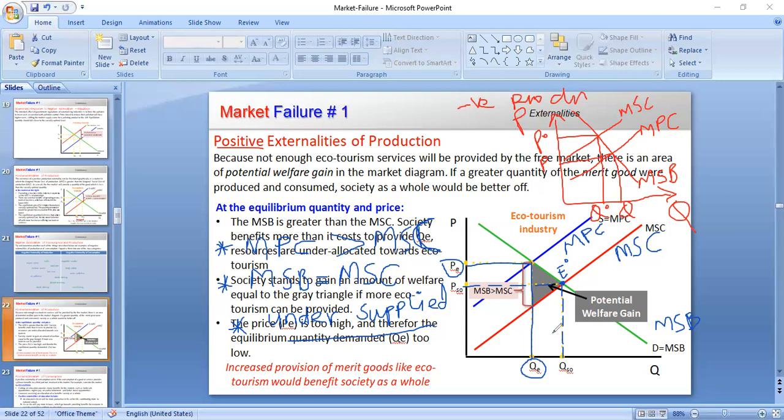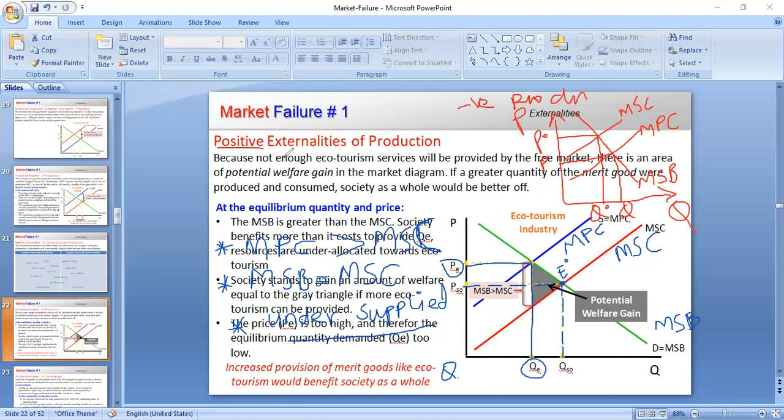And the third thing is for us to know that positive externalities are always undersupplied in the market, because we realize here the actual amount of output produced.